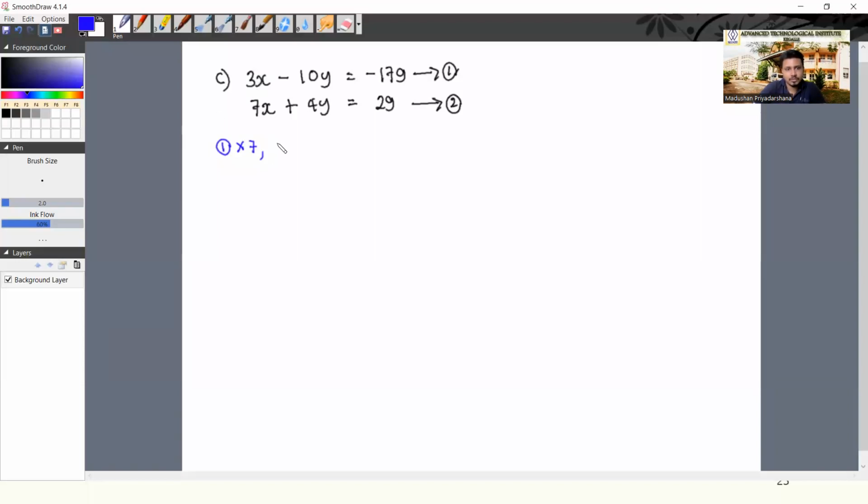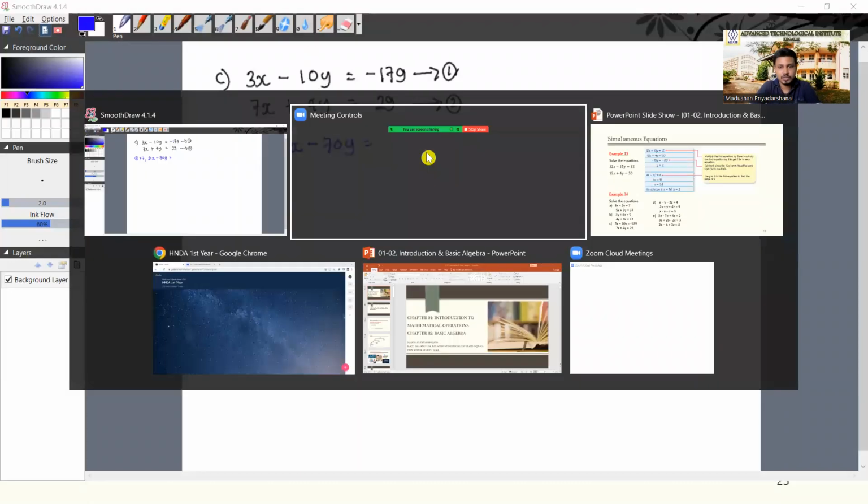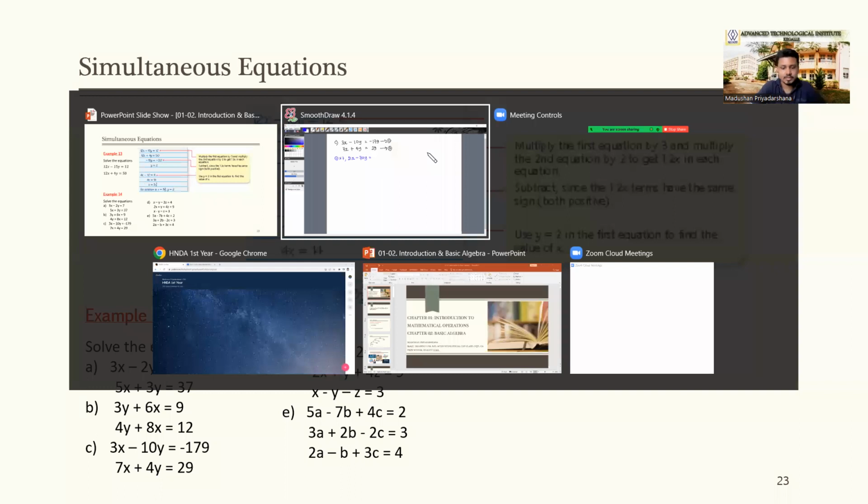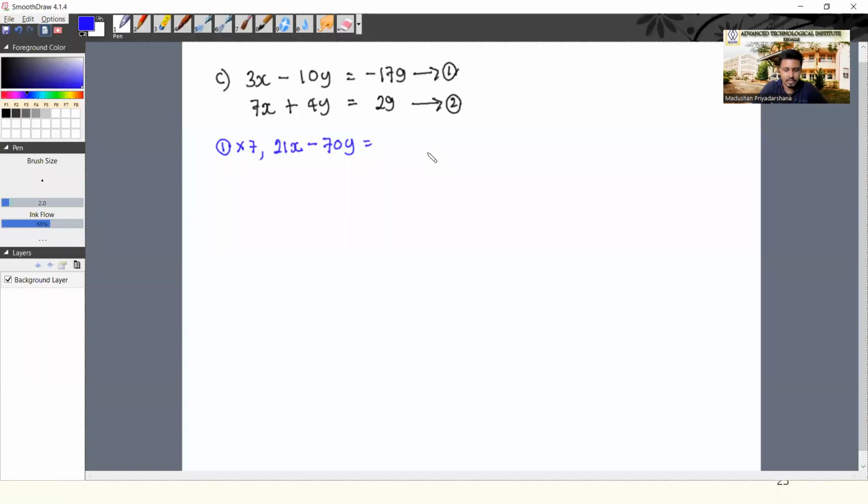So 3x into 7, that is 21x. Minus 10y into 7, that is minus 70y. Minus 179 into 7, that is minus 1253. So this is our third equation.